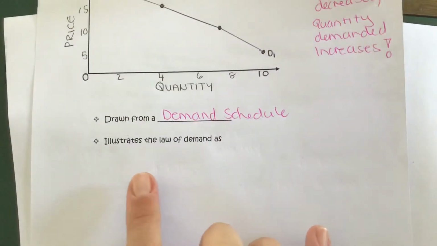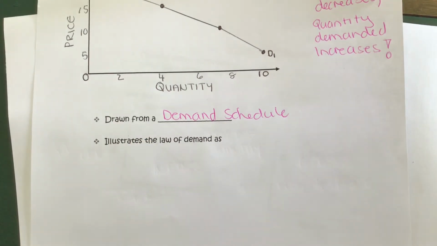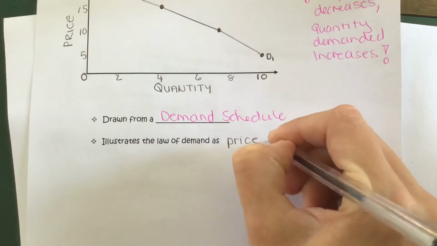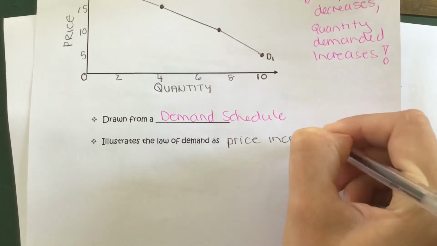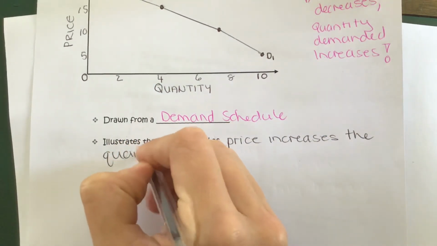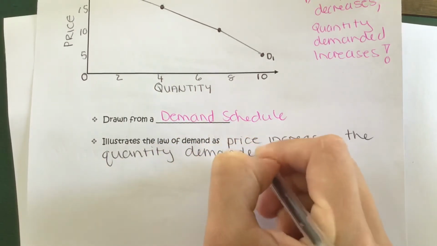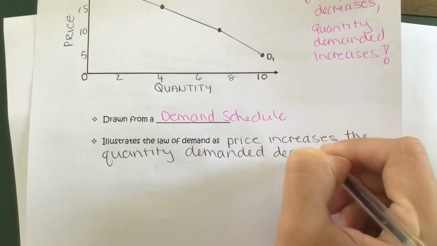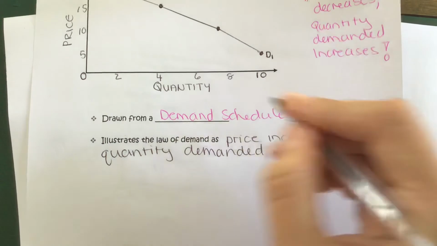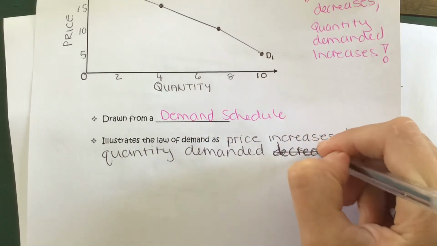And it says here, this perfectly illustrates the law of demand as, and we can write it again, as price increases, the quantity demanded decreases, okay? I mean, it increases, apologies for that. No, as the price increases, the quantity demanded decreases. Sorry, guys, decreases.